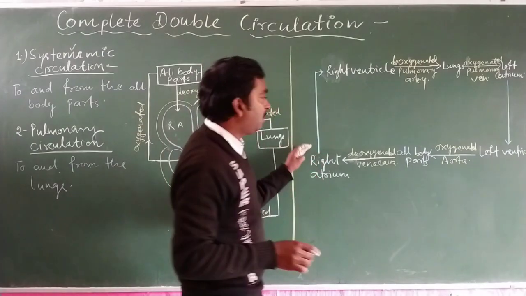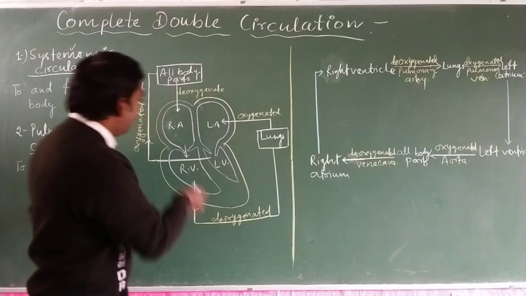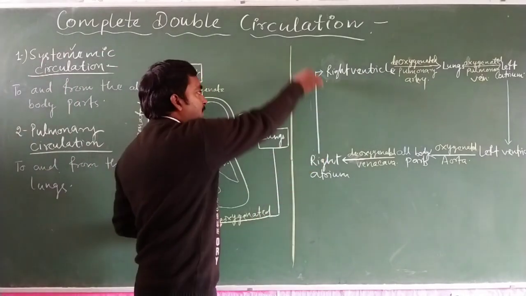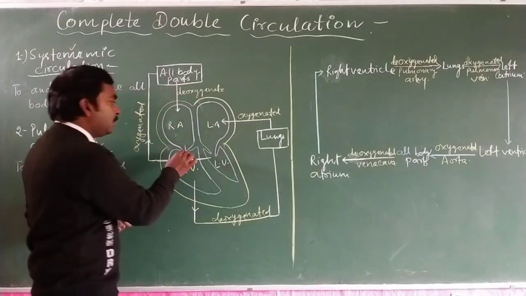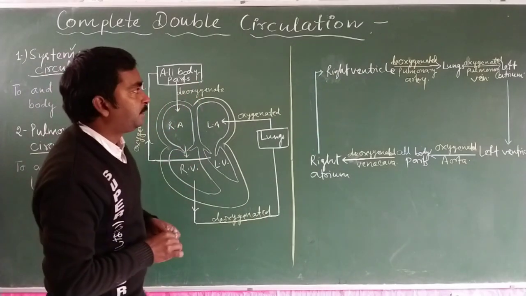So from the right atrium to the right ventricle, which are adjacent to each other, the transfer of blood takes place through the opening which is guarded by the tricuspid valve.